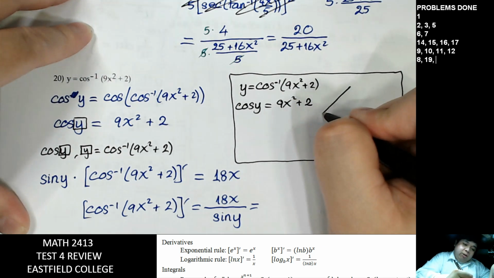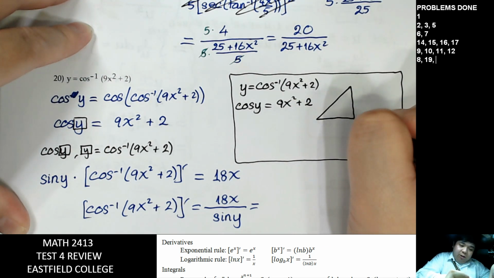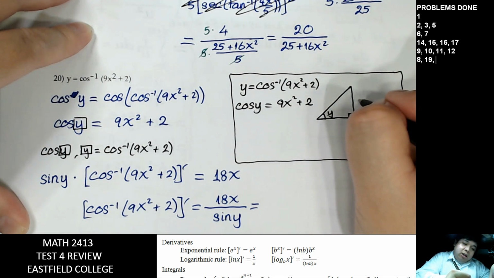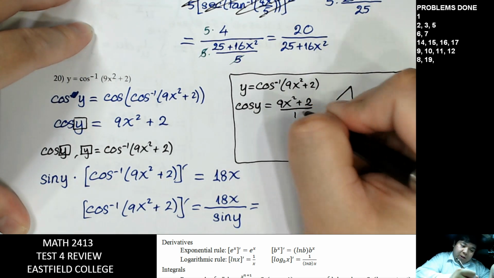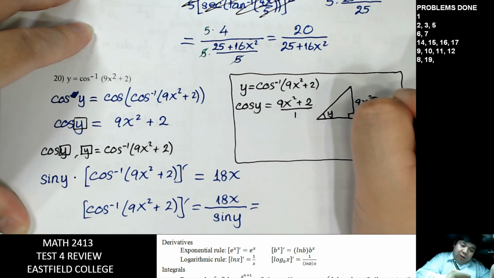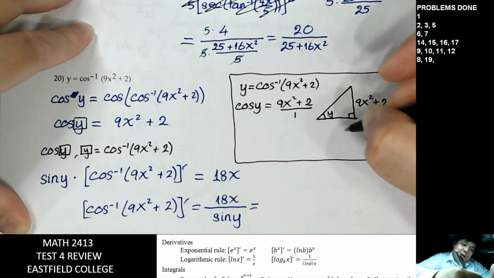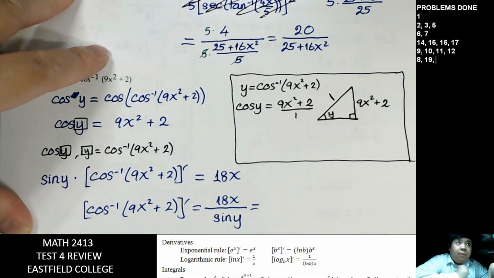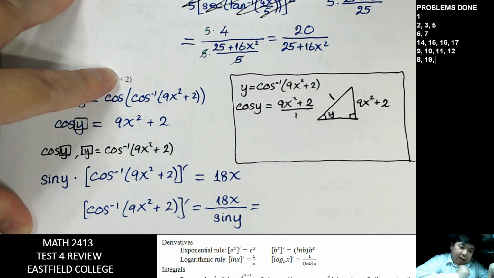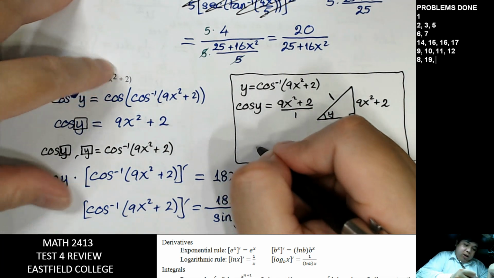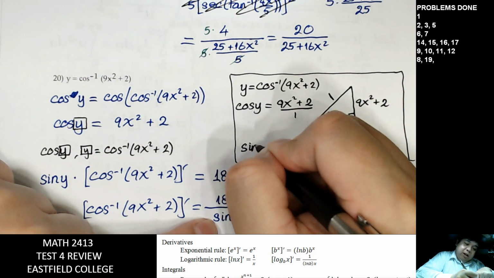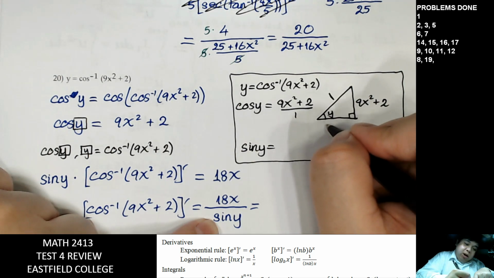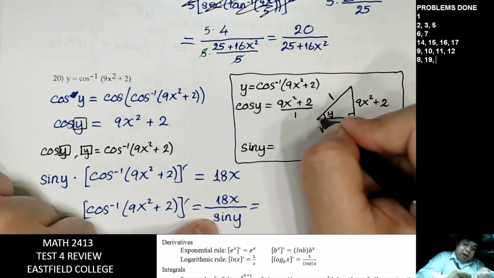And we draw a triangle. Cosine is adjacent over hypotenuse. And then the question asks us what is sine y.